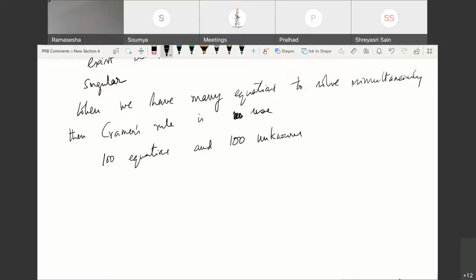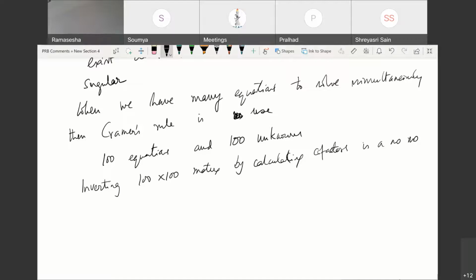Then inverting a 100 by 100 matrix by calculating determinants is a no, because the time taken is enormous.